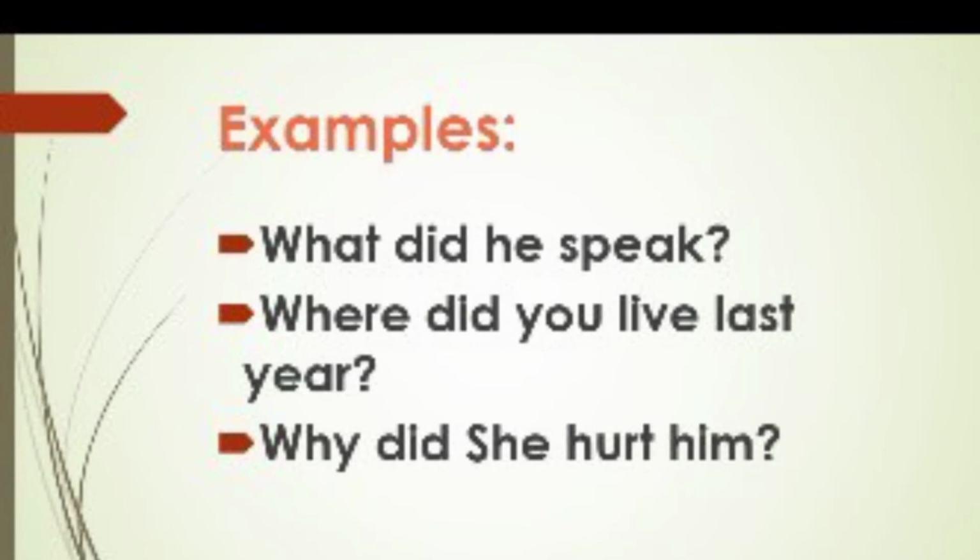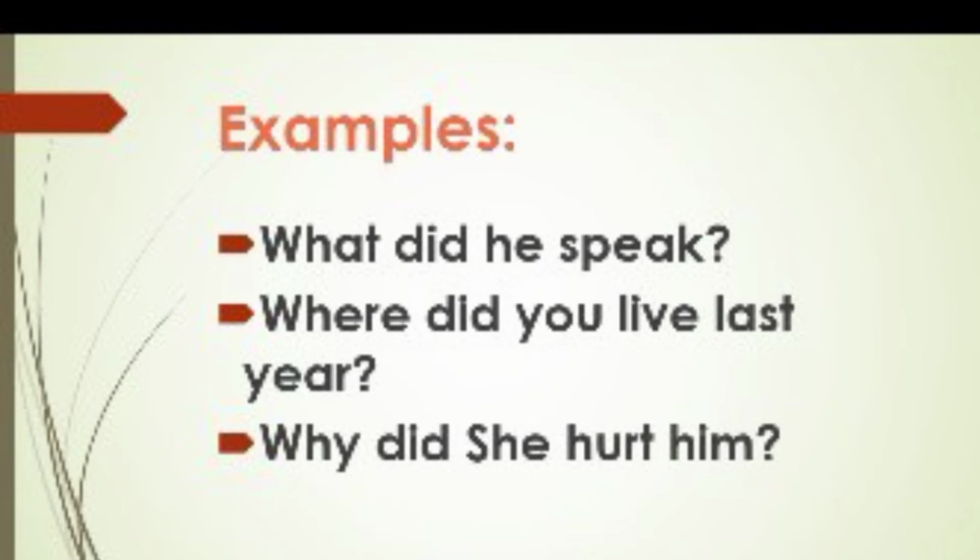Examples. What did he speak? At first you have to write the WH word, then you have to write did, then the subject, then verb 1, and finally you have to put a question mark. Then where did you live last year?